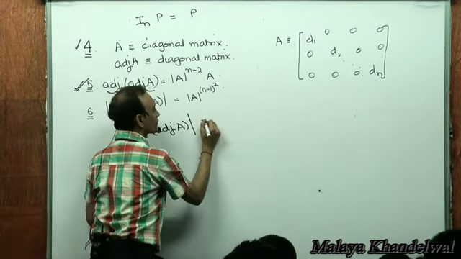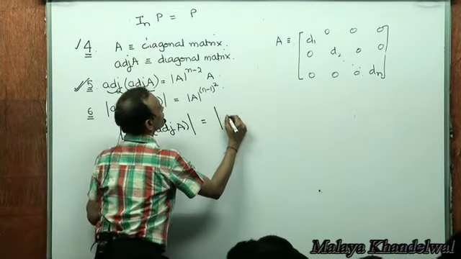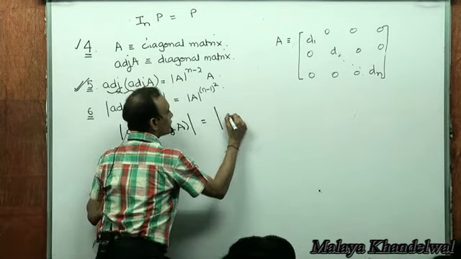So if I take determinant of both sides in result 5, then determinant of adjoint of adjoint A is determinant A to the power n minus 2 into the matrix A. Yes or no? If this matrix is equal to this matrix, then the determinant of this matrix must be equal to the determinant of this matrix. Right? Now, hey, did I tell you?